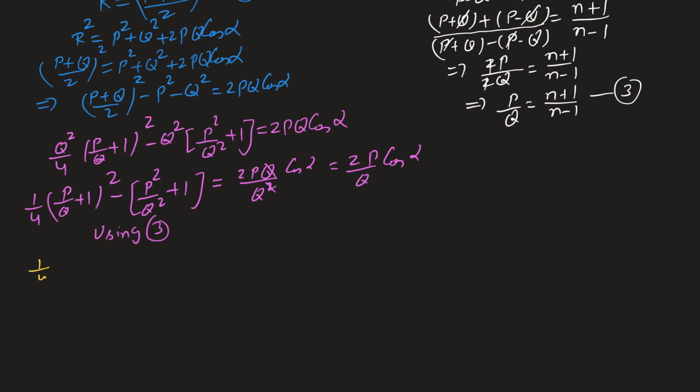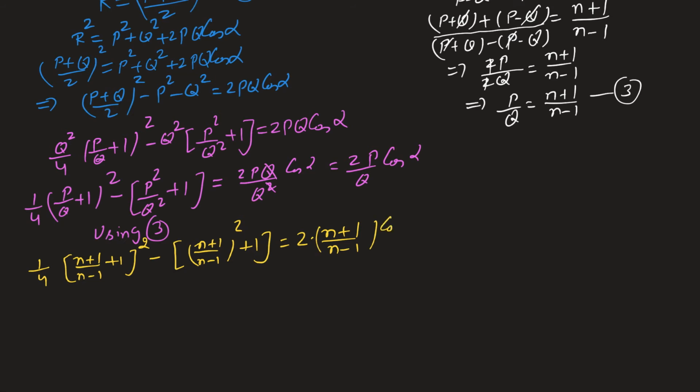1 by 4 [P by Q is N by N plus 1], (N minus 1 plus 1) this whole square minus, okay, this will be N plus 1, this will be (N minus 1) whole square plus 1, 2, this will be N plus 1, N minus 1, this will be cos alpha. Fine.